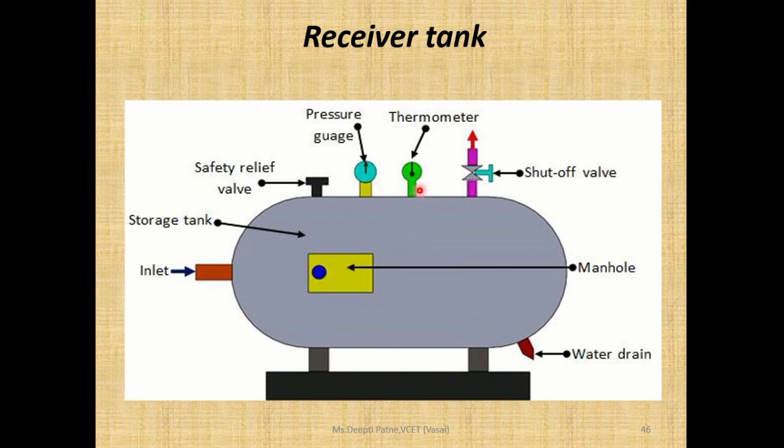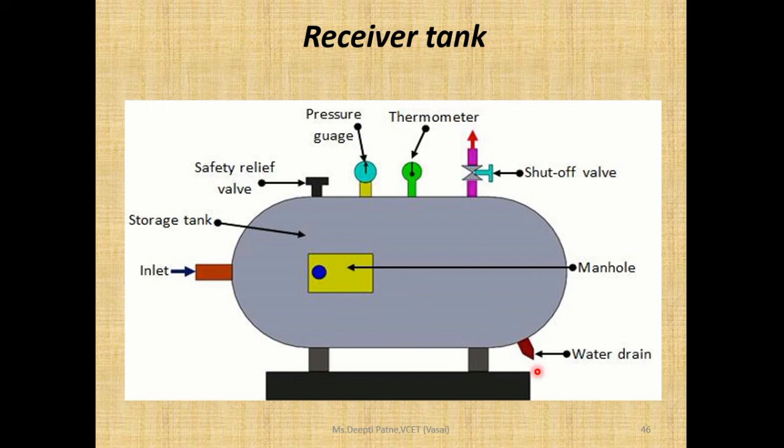A pressure gauge is nothing but a pressure indicator that gives me the pressure information about the receiver. A thermometer has been placed in order to measure the temperature inside the receiver. A shut off valve is provided because whenever I want to take the air out to the secondary air treatment system, the shut off valve can be opened and closed accordingly. This is a water drain system because, remember, though we are passing through the cooler and again a dryer, certain water content will still be part of it because you are accumulating the air over here.